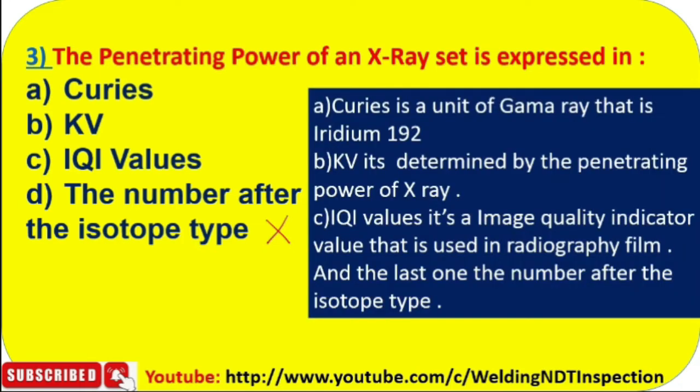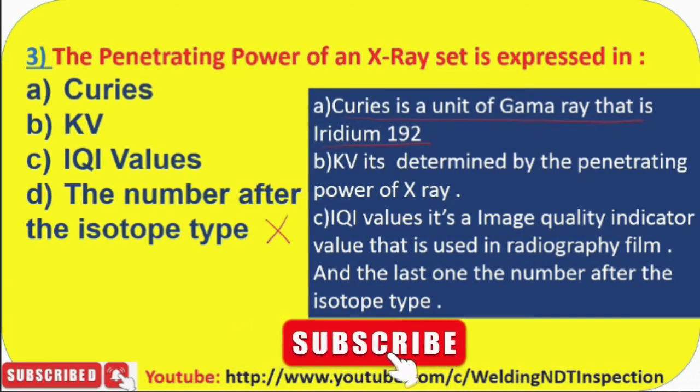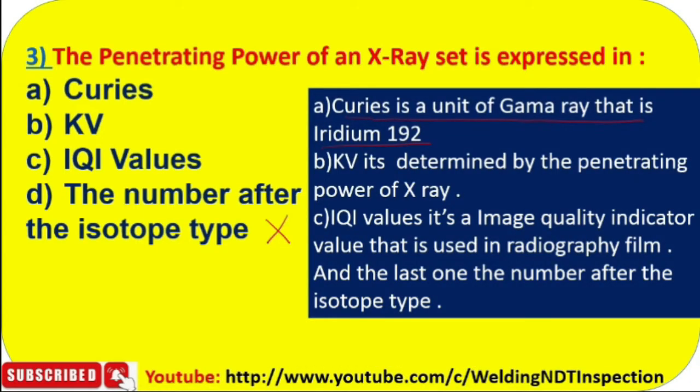So you see, this is very easy. Q is a unit of gamma ray, that is iridium 192. This is one unit for gamma rays, but we are asking about X-rays, so this should not be the answer. kV is determined by the penetrating power of X-ray.